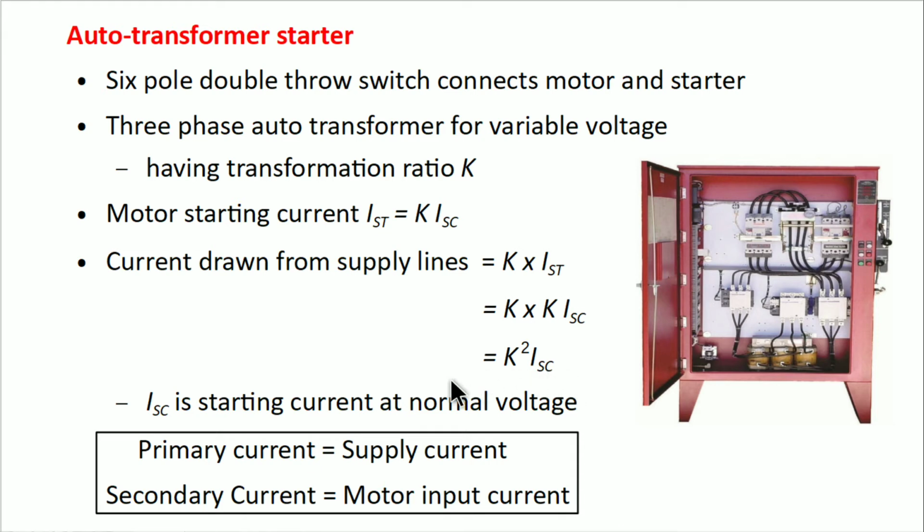Starting current is reduced to any value by using this auto transformer. The primary current of the auto transformer is the supply current, that is, the current drawn from the supply, and the secondary of the transformer is connected to the motor, so the secondary current is equal to the motor input current.